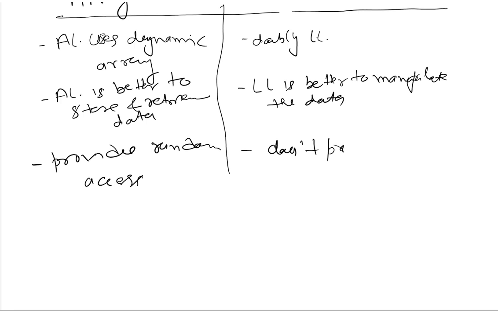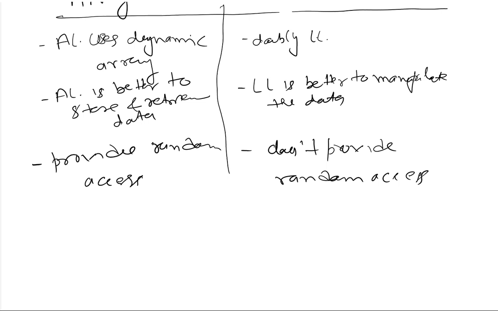And that's why I would say ArrayList is not efficient for manipulation, because too much operation is required there. Whereas for manipulating, LinkedList is very efficient, right?